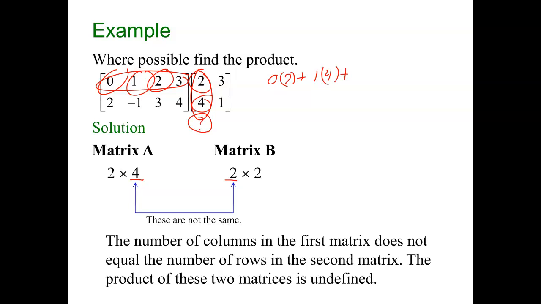There's not enough numbers in that column to match with the numbers in the row. So I don't have enough to do multiplication. Does that make sense? That's why the number of columns has to match the number of rows so that there's enough numbers here for here. So if you forget to check, you should find out pretty quickly that you can't do it.